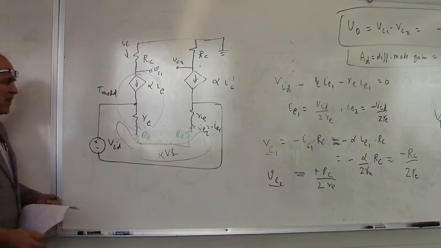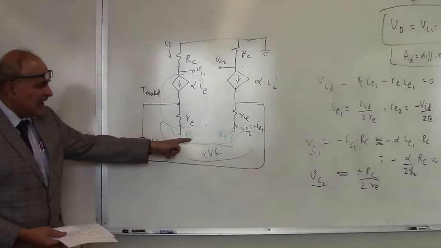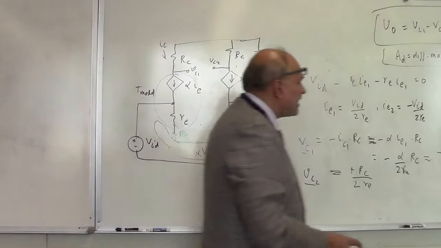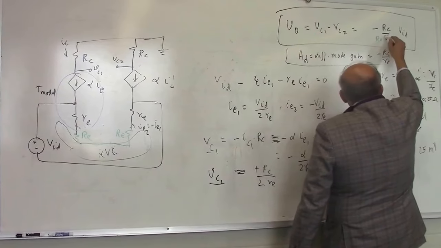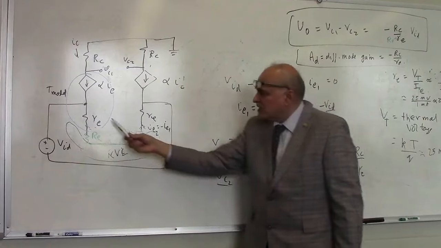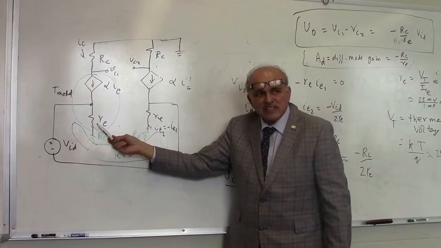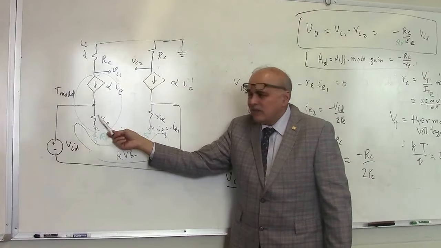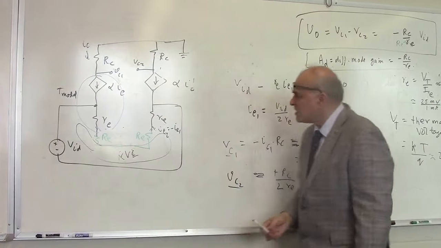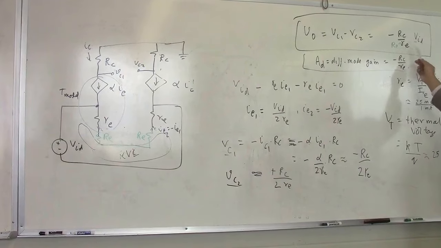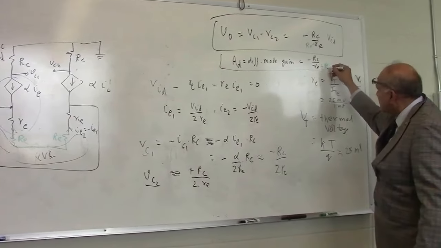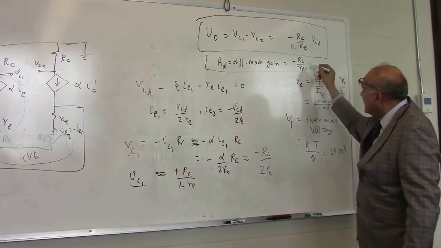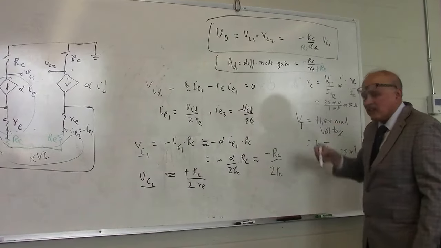Nothing really changes, except that in this formula, instead of the gain depending on just the small RE, which is the internal resistance of the emitter, we add to it an external resistance RE. Obviously you can see the math is the same. So then now we would have an external resistance.